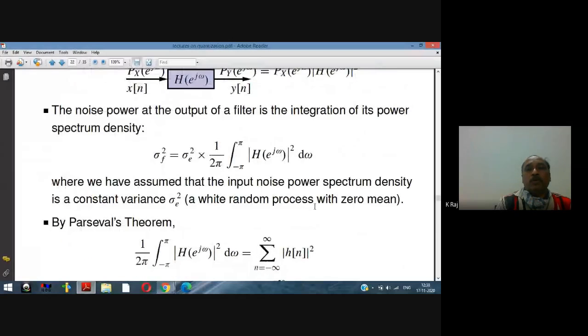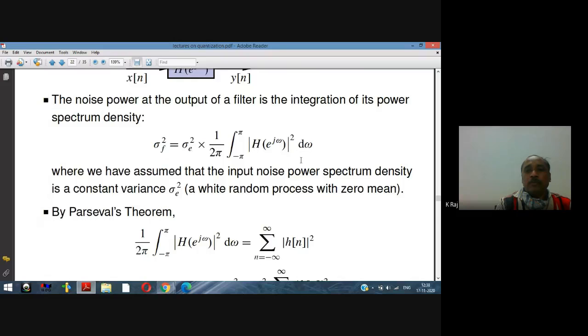The noise power at the output of a filter is the integration of its power spectrum. So if we integrate this, we get σe² multiplied by 1/2π, integral from −π to π of |H(e^jω)|² dω.